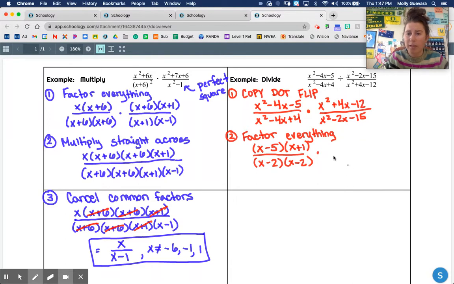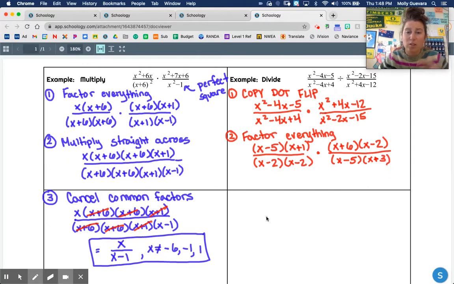There's my multiplication. Two numbers that multiply to negative 12 and add to 4 should get me x plus 6 and x minus 2. And then two numbers that multiply to negative 15 and add to negative 2 is x minus 5, x plus 3.